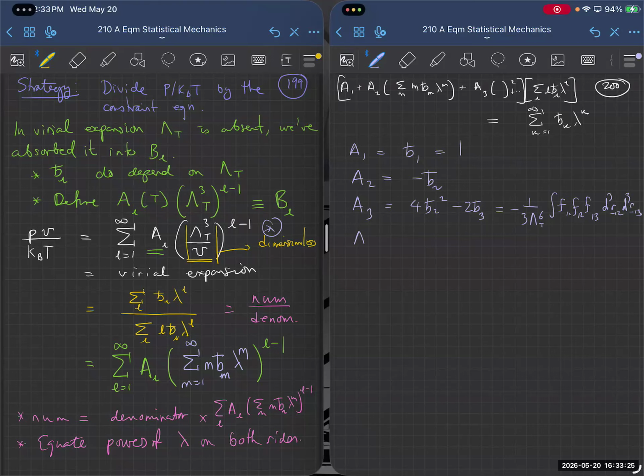Doesn't really matter for now. A4 is equal to minus 20 B2 squared plus 18 B2 B3 minus 3 B4, and so on and so forth.